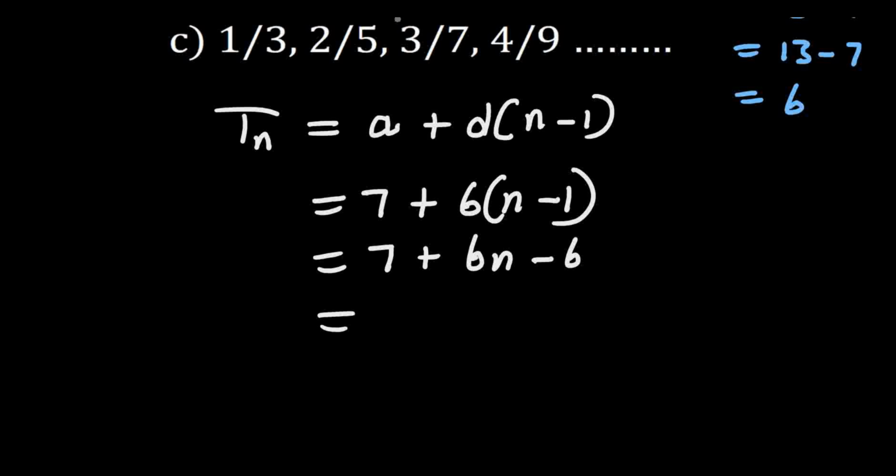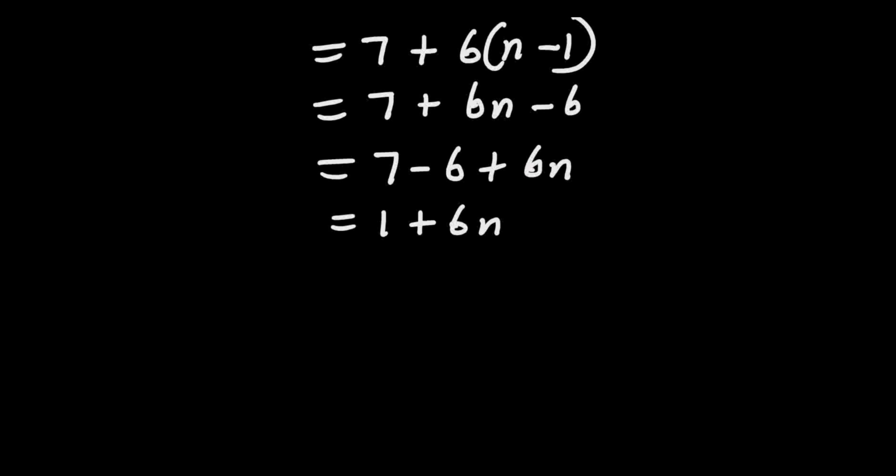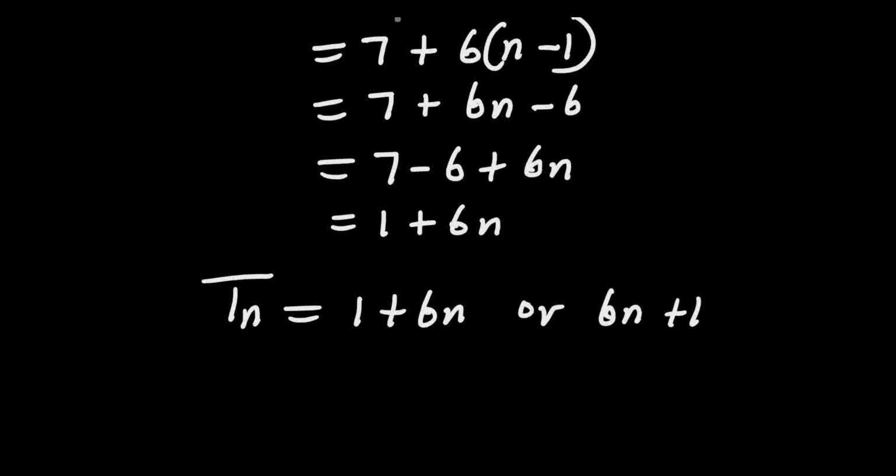This will be equal to 7 minus 6 plus 6n, and this would be 1 plus 6n. Therefore, the nth term of this sequence, Tn, is equal to 1 plus 6n, or 6n plus 1. So this is the final answer to this question.